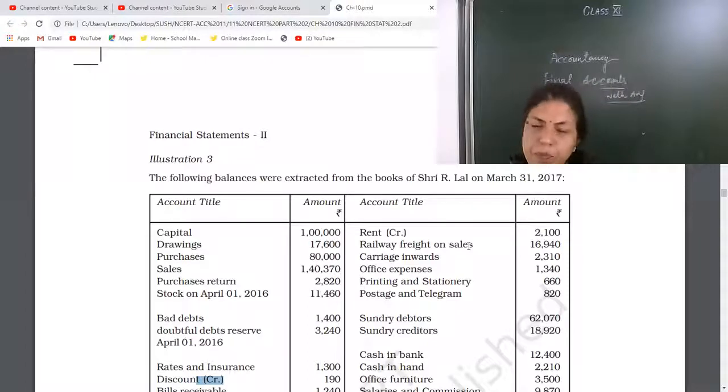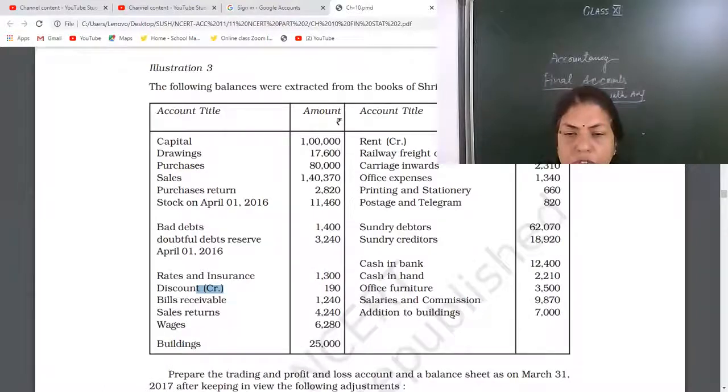Please mark. Then office expenses, printing and stationery, postage and telegram, all will be in debit of profit and loss account. Very good. Now debtors are the asset, creditors are the liability. Debtors means trade receivables, creditors means trade payables.